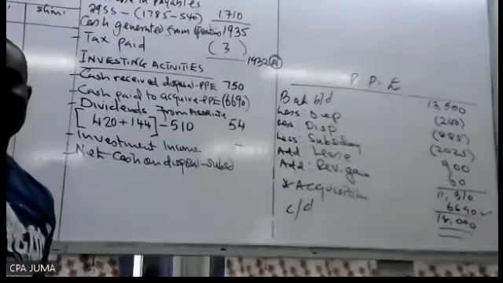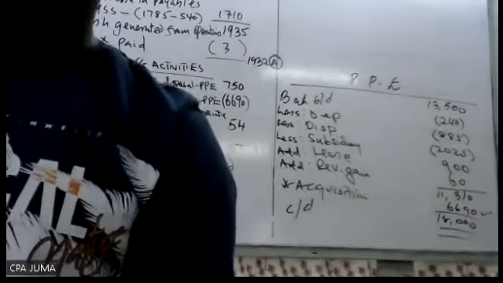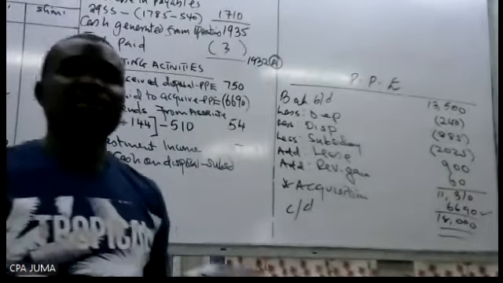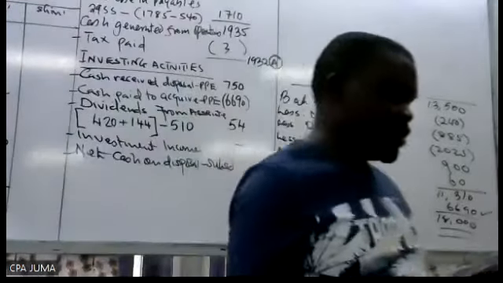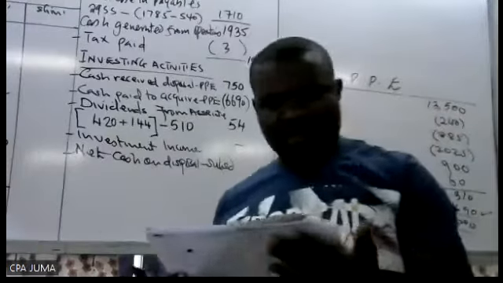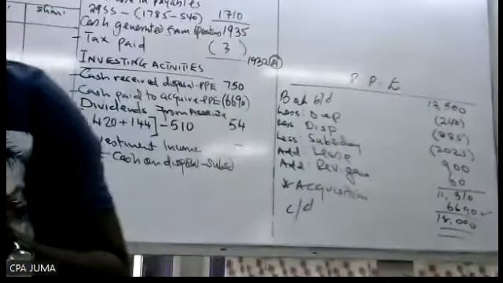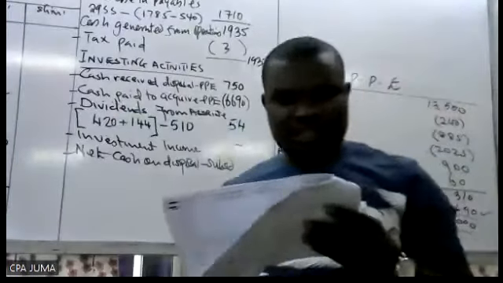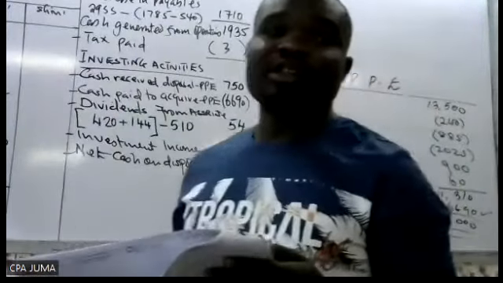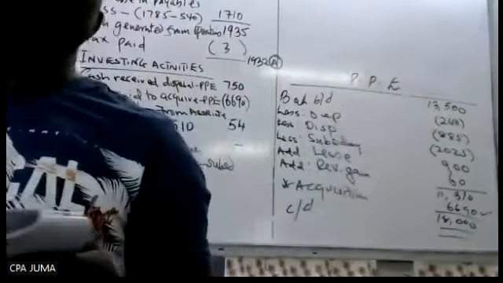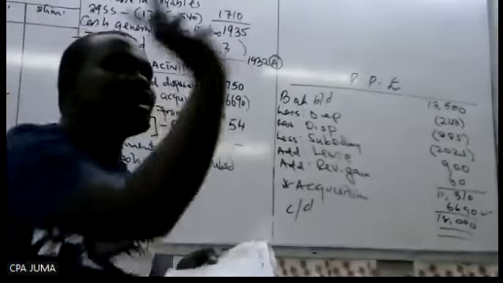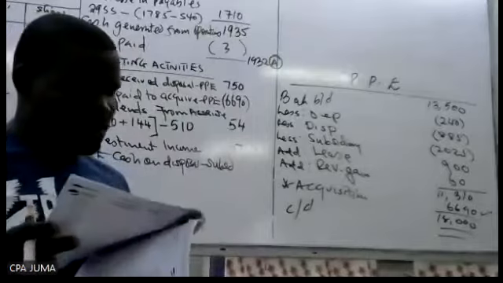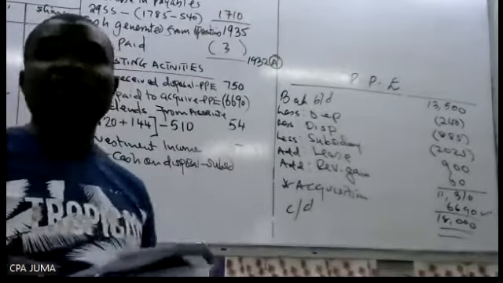Mnakumbuka hiyo story yetu? So we disposed it for how much? The group disposed of an own subsidiary for 1170 million in cash. So we received 1170. We also left some cash there, 105.